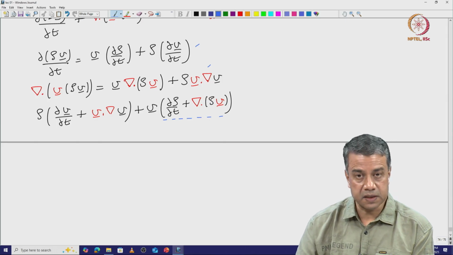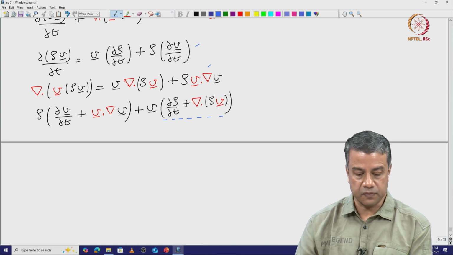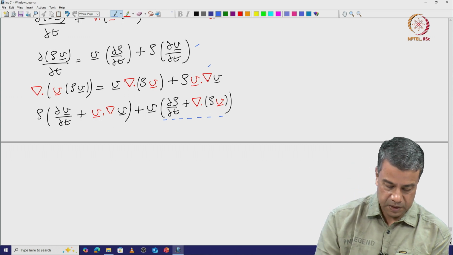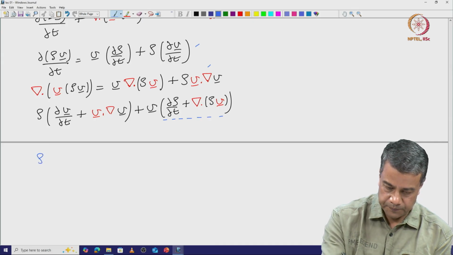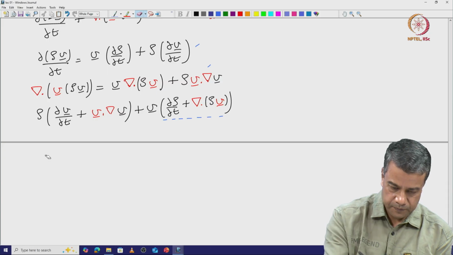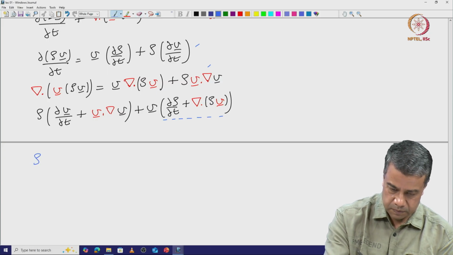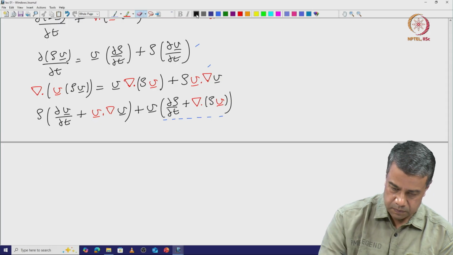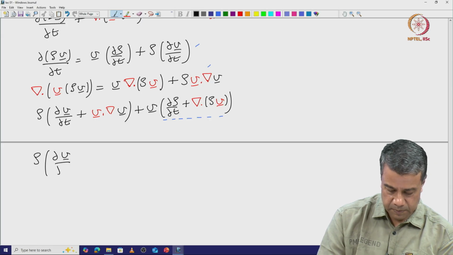You recall that the mass conservation equation is partial rho by partial t plus divergence of rho times V is equal to 0. Therefore, the entire left side can be expressed as rho into partial V by partial t plus V dot grad V.